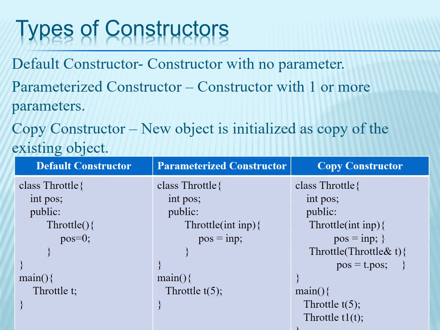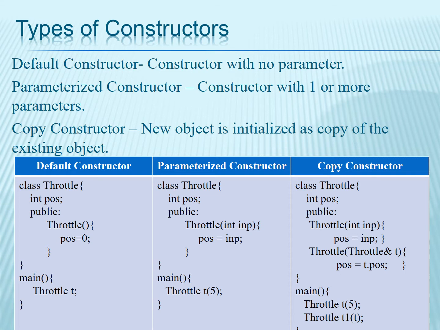In the example of the default constructor, the class throttle initializes the variable POS with a value of 0. Note that it does not have any parameter. The constructor is called when the object is created in the calling function.